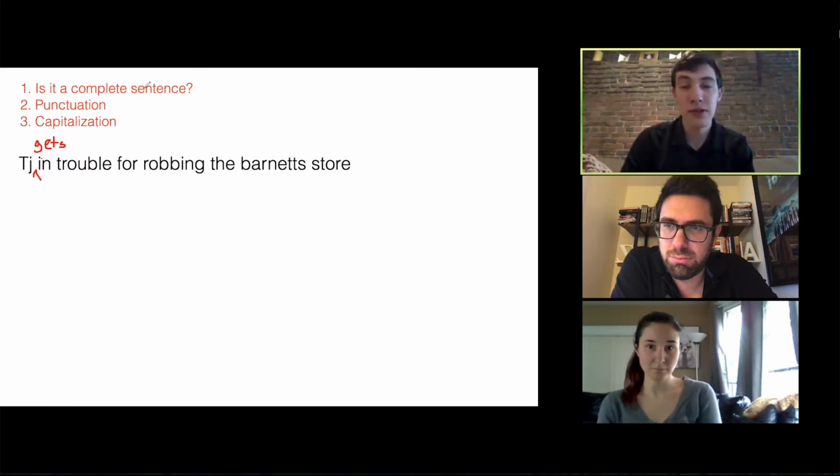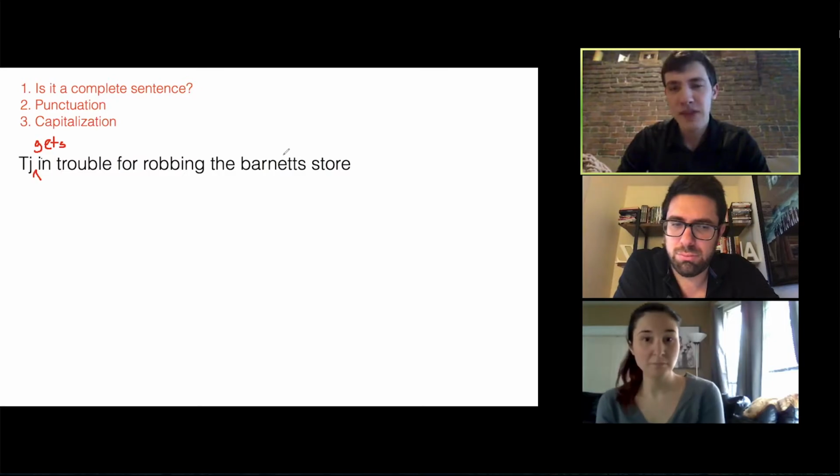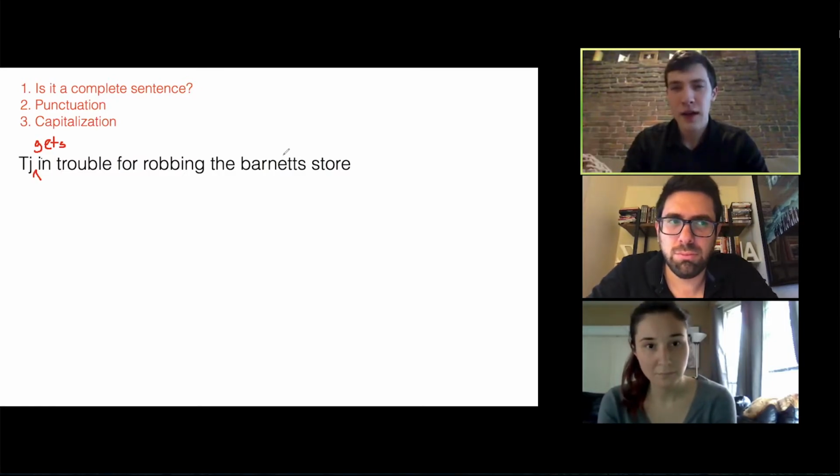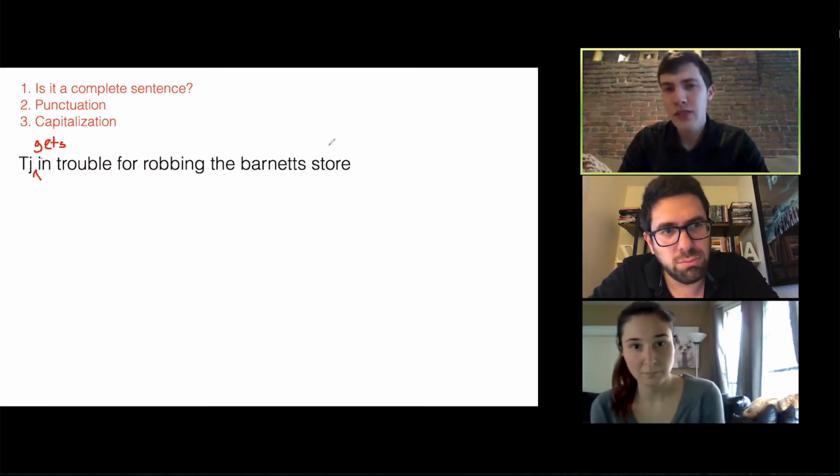So now that it's a complete sentence, I can move on to step two, which is to look for my punctuation in the sentence. So let's read through and look for any spots that we might need to add punctuation. TJ gets in trouble for robbing the Barnett's store. All right, I see two things I need to add here. First, this word, Barnett's, that's the name of the family, right? And the Barnetts own the store.